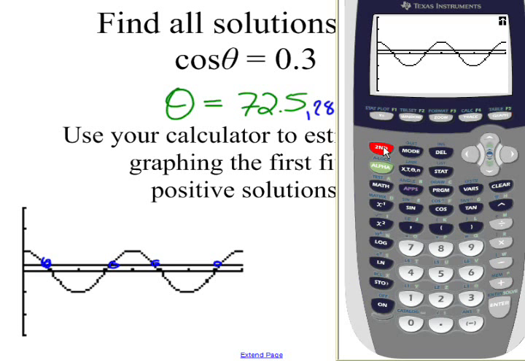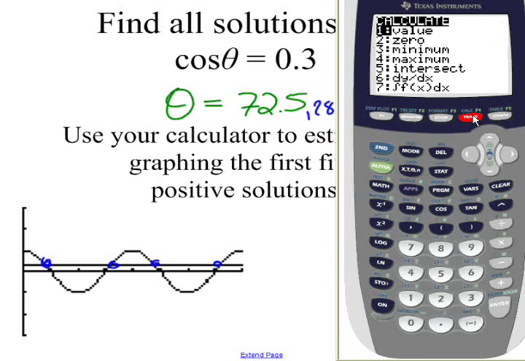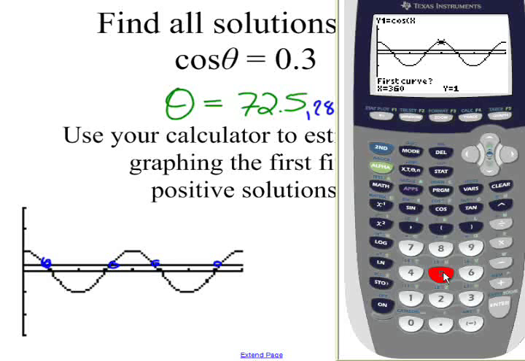So I do second, calc, intersect, and then I usually arrow to my straight line so I can go over quicker. And then just hit enter 3 times once you get near the intersection you're talking about. Since we did this work already, the answer should be about 72.5. And that's what we got, 72.5.